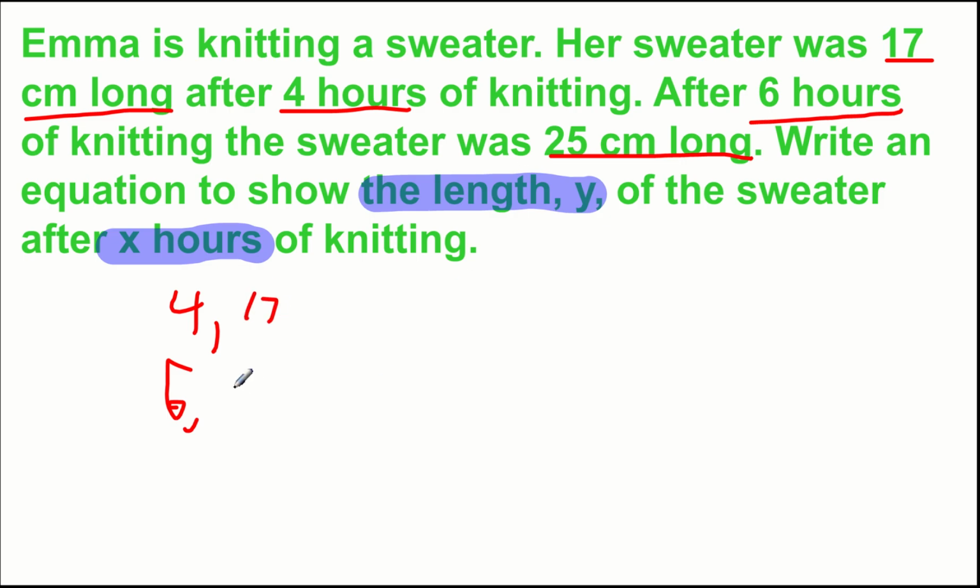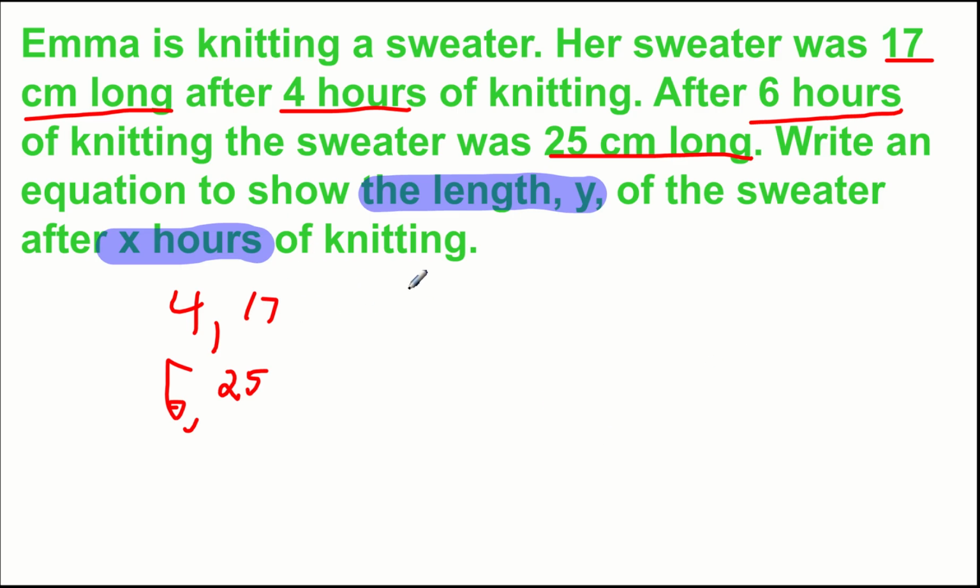The 25 goes with the 6. So a couple of y'all that were messing this up, you were writing the ordered pairs in the order it gave it to you. Instead of 4, 17, you had 17, 4. The labels are more important than what the order is, so we gotta be careful with that, okay? X was hours, hours has to go first.